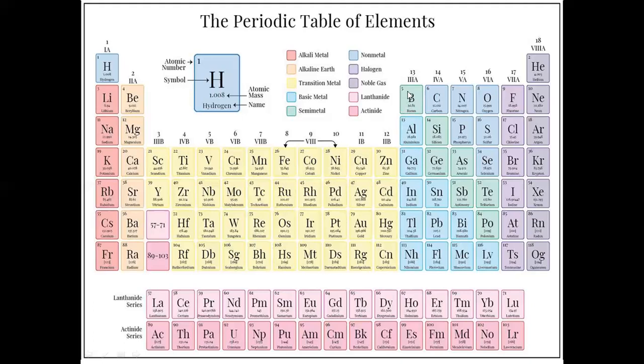Even boron has 3 electrons, aluminium has 3 electrons, same thing for the others here. Valence electron is 3 for all of them. Valence electron is 4 for all of them, 5 for all of them, 6, 7. Here 8. All of them have 8 except helium. Except helium, all have 8 electrons in their valence shell.